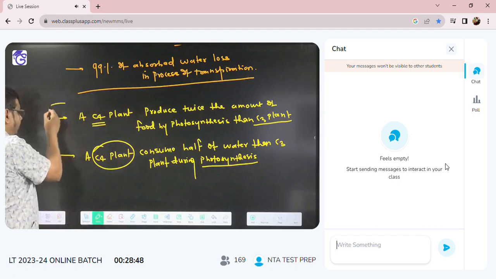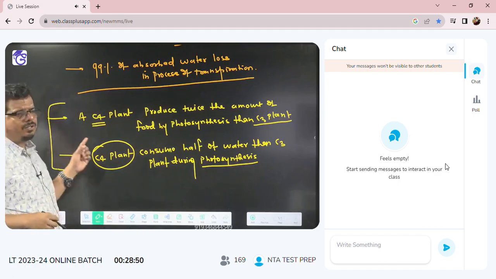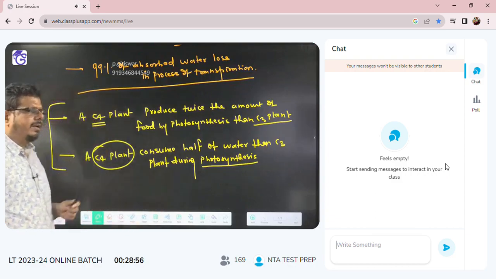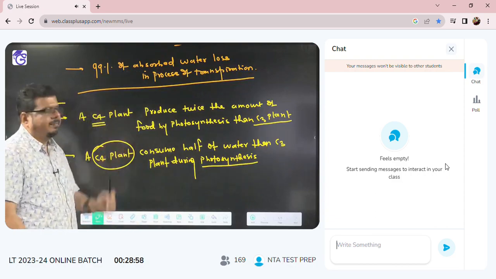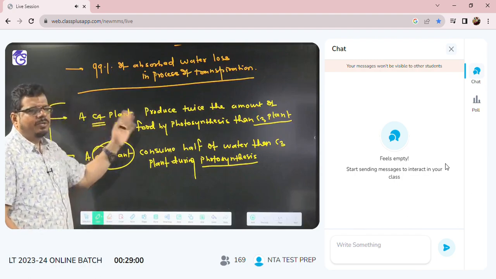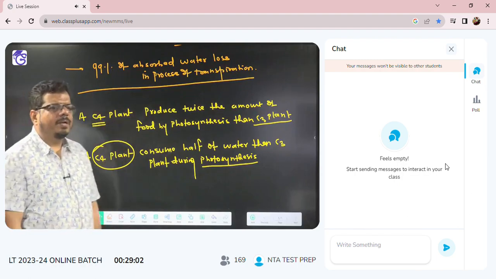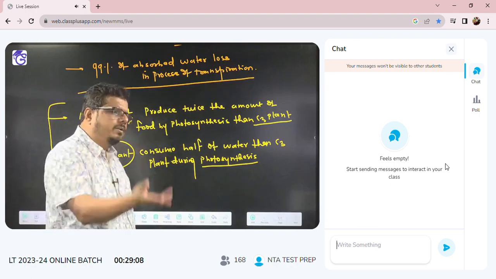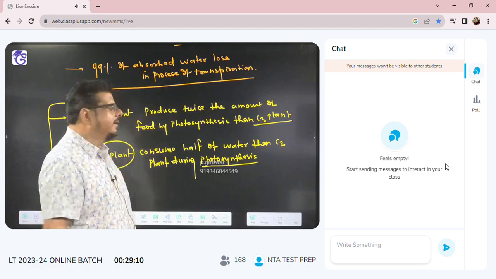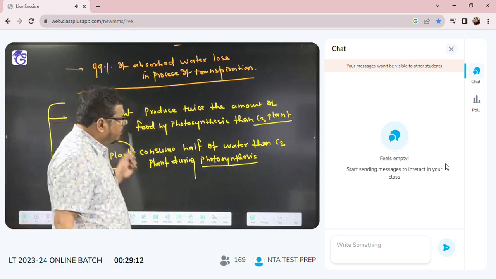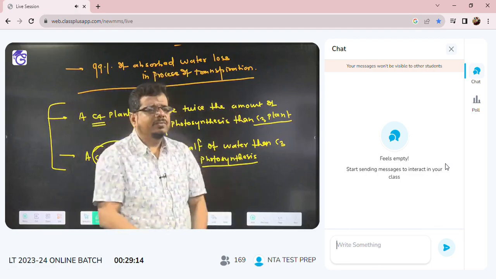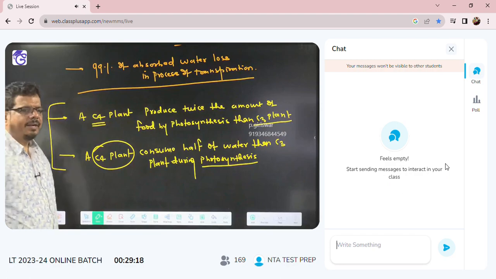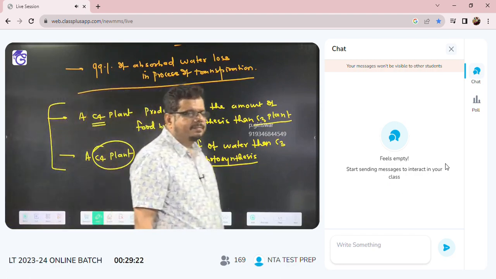Why is it happening? The answer to this question we will search in the photosynthesis chapter, because for that it is important that we know about C4 plants and C3 plants. But meanwhile keep in your mind that a C4 plant produces twice the amount of food, meaning double photosynthesis than a C3 plant, and loses half the water compared to a C3 plant.